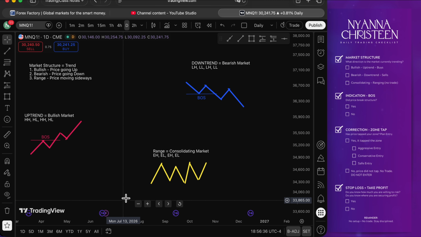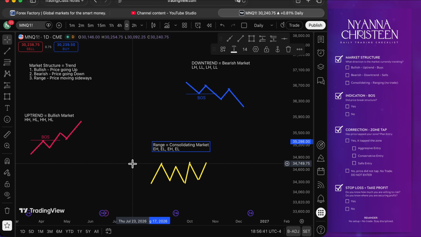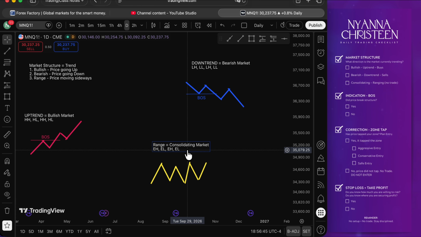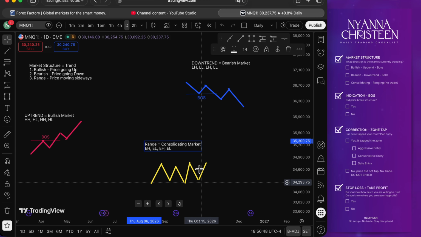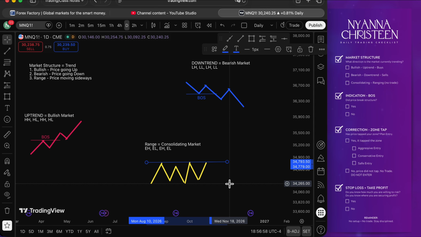What you would wait for in a ranging market is what we would call a breakout. I am getting off track just a tad bit, but for the people who can handle this extra little tip, in the ranging market or consolidating market, what you would want to wait for is something called a breakout. And y'all probably seen me do breakout trades multiple times before.